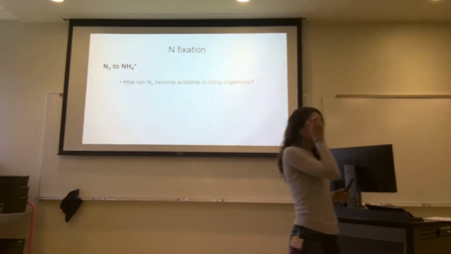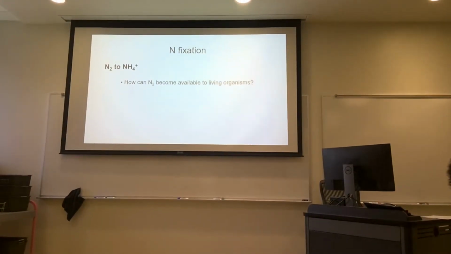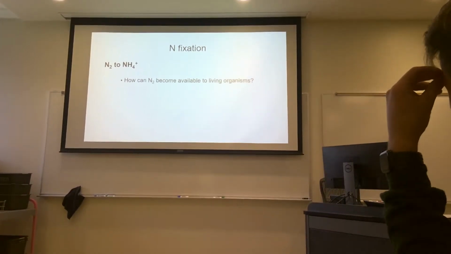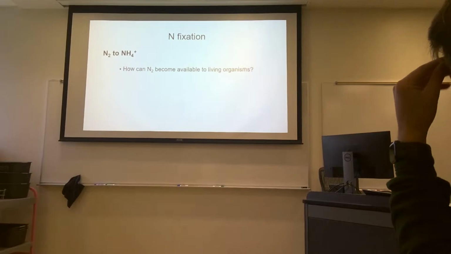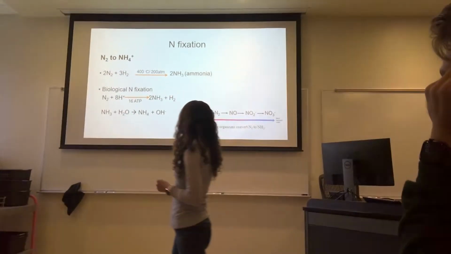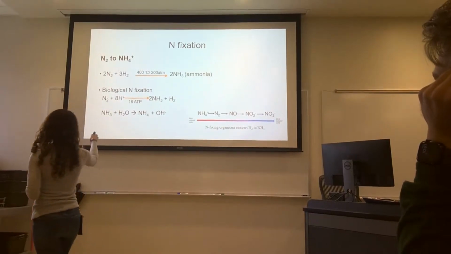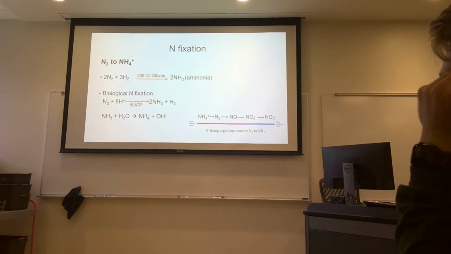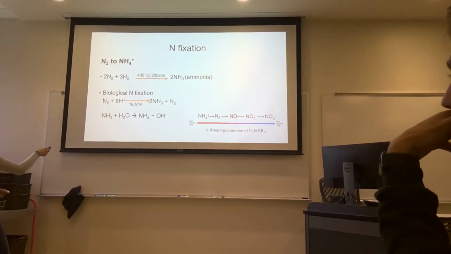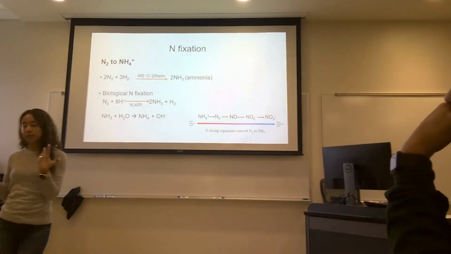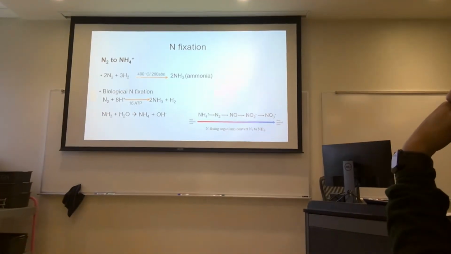How do you grab that N2 and make it NH4? Yes, it's usually converted by bacteria. We also have the industrial process. Clearly, if you are going to do this industrially to produce something like fertilizers, you need high temperature, high pressure, and a lot of energy put in to make this happen.